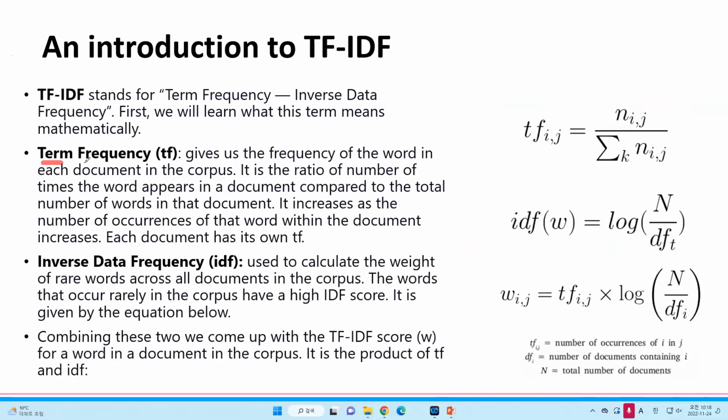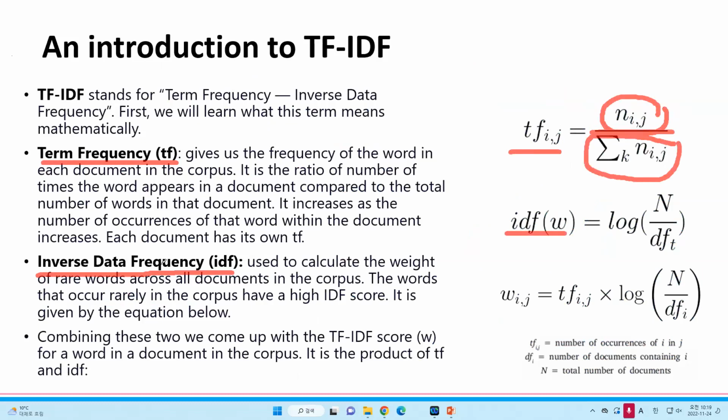TF means term frequency. IDF means inverse document frequency. It is a long definition, but I can make it short like this. The term frequency means the number of occurrences of that word divided by the total number of words in that document.